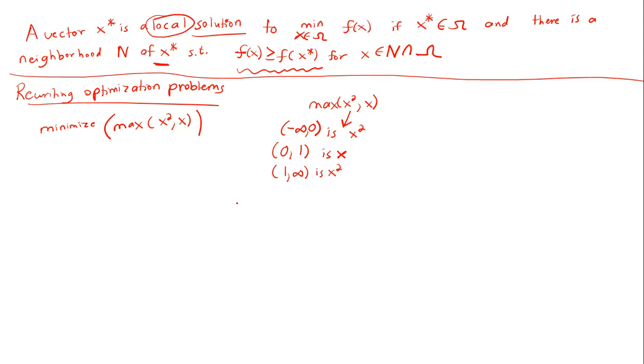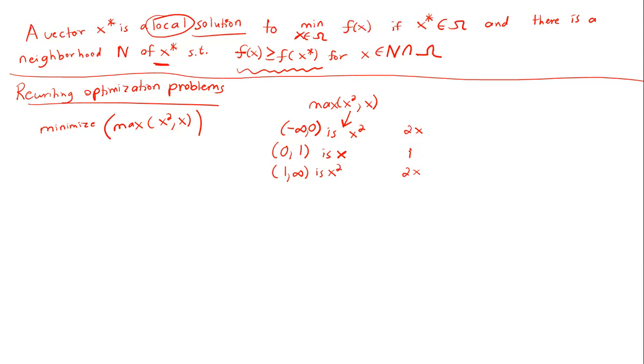And so if we were to take derivatives of this function, the derivative with respect to x is 2x here, here it's 1, and here it's 2x again. And so we can see that these derivatives are not necessarily the same at every point.